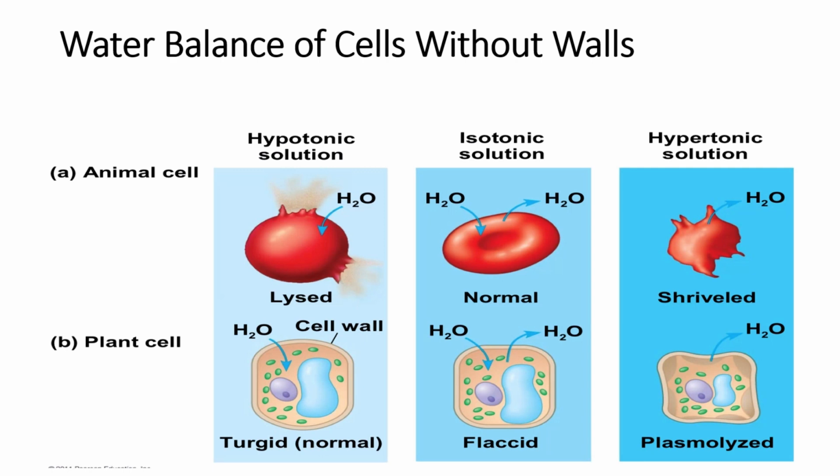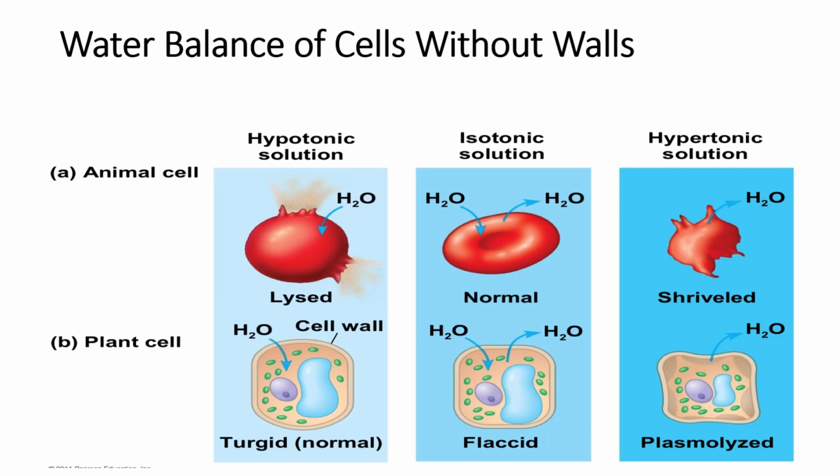So in an isotonic solution, the solute concentration is the same as that inside of the cell. The salt concentration inside the red blood cell is 0.9, and outside is also 0.9.